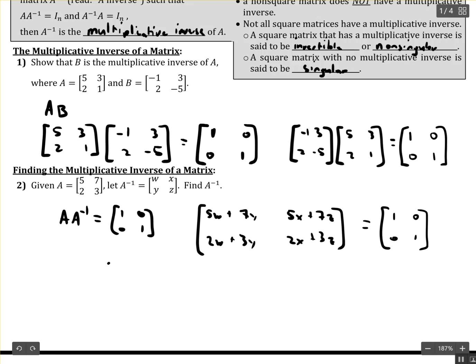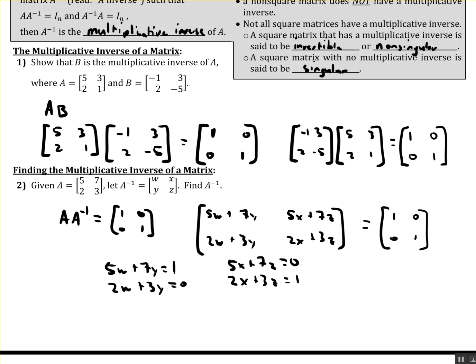That tells me 5W plus 7Y has to equal 1, and 2W plus 3Y has to equal 0. And 5X plus 7Z has to equal 0, and 2X plus 3Z has to equal 1. All right, so let's solve the system of equations.